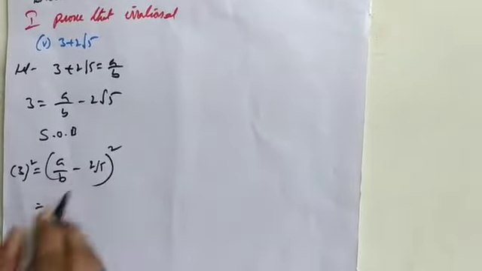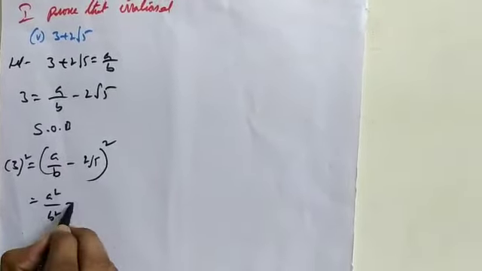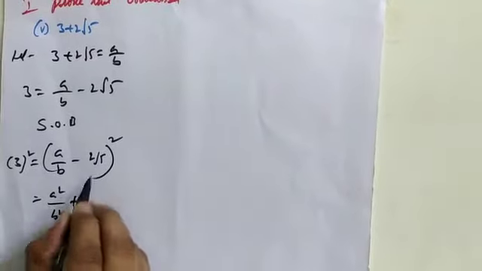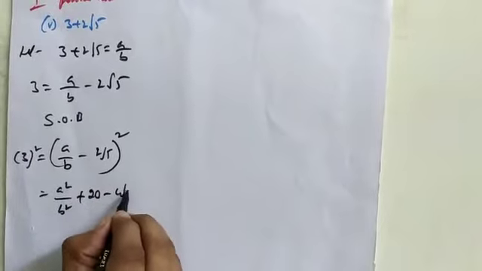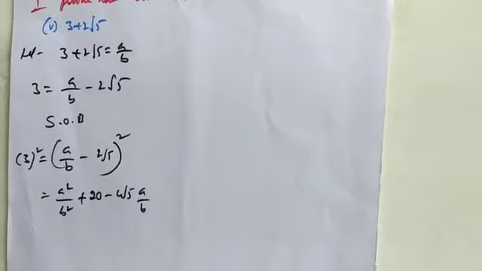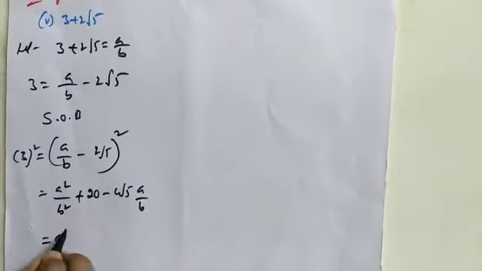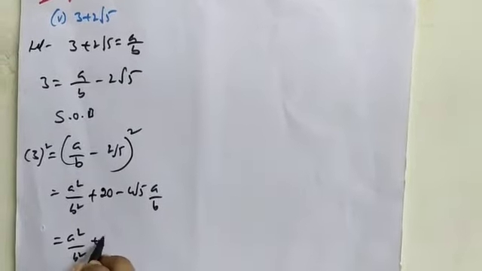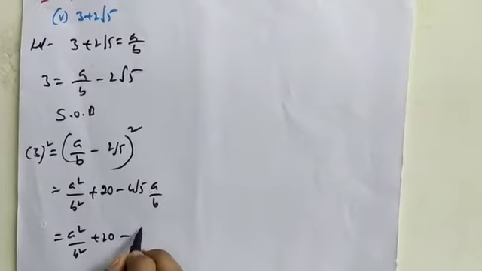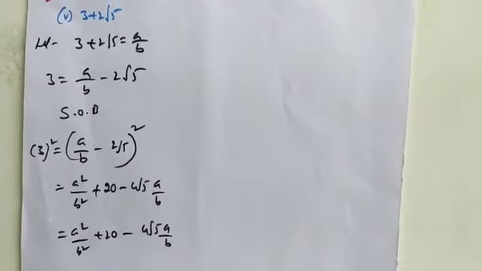That means a square by b square plus 4 fives are 20, minus 2 into 2 into root 5 a by b. So 4 root 5 a by b.